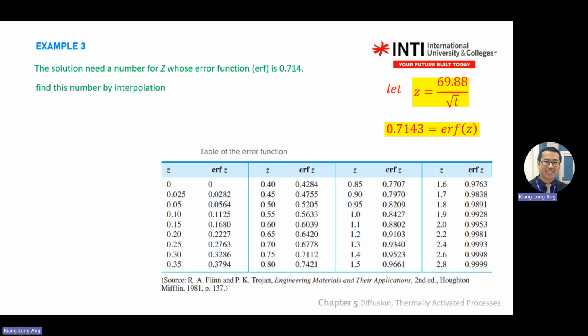So just now you were given 0.521 here. You don't know about this one, right? With 0.5205, 0.5623, you don't know this one, or you need to find this one.